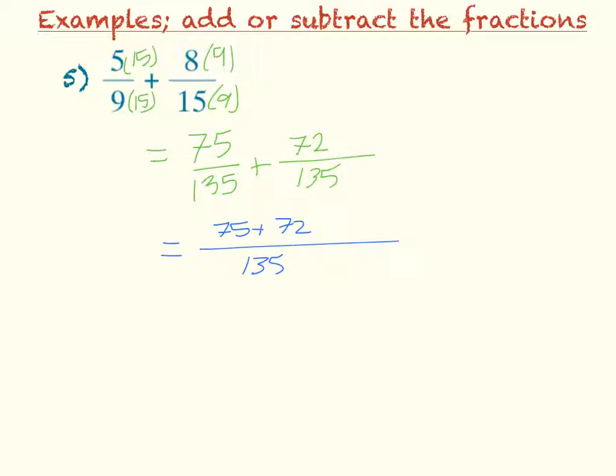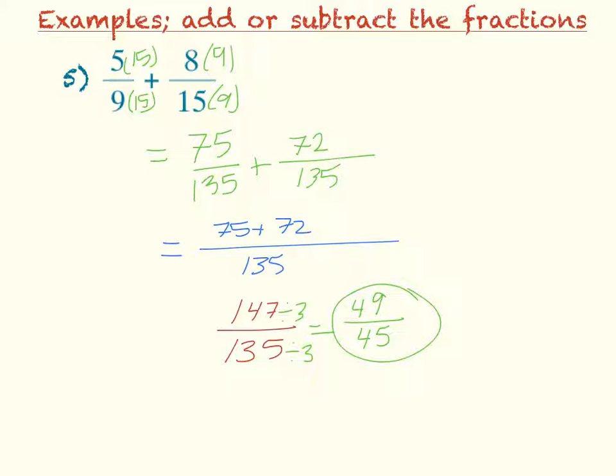So 75 plus 72 is 147 over 135. And now we have to simplify that fraction. So I know that I can divide this by 3. And so I'm going to try dividing this one by 3. And if you do that, you should get 49 over 45.